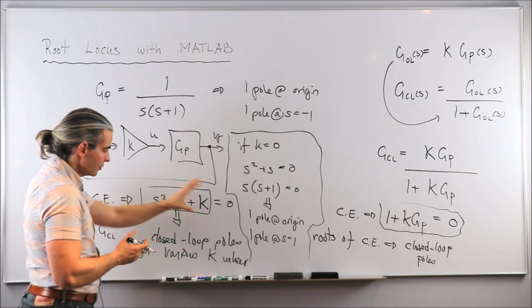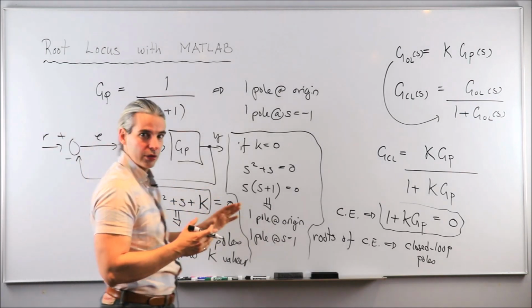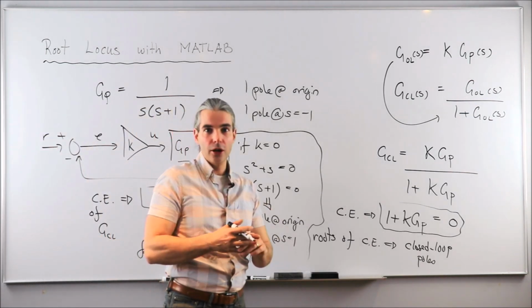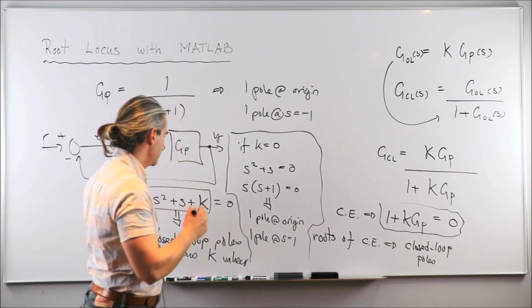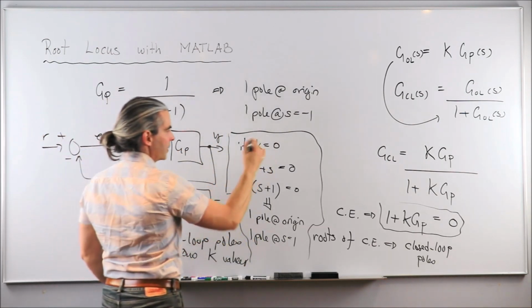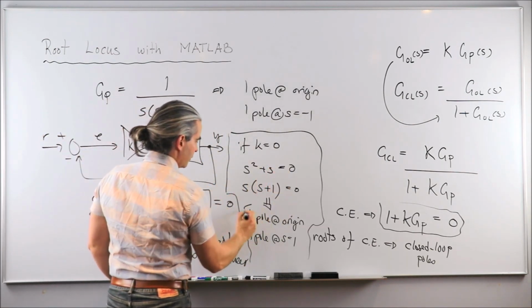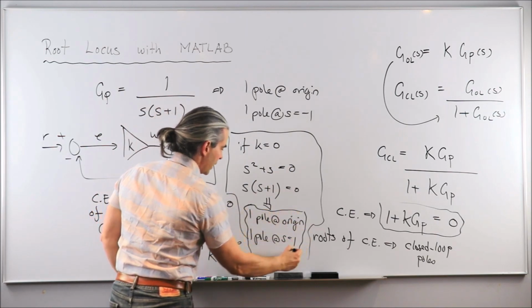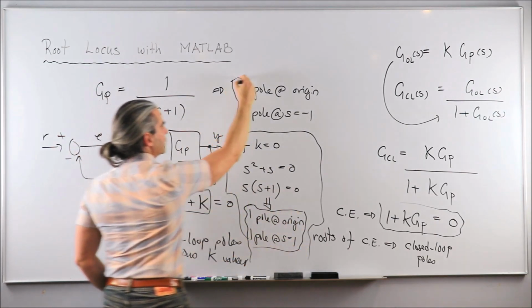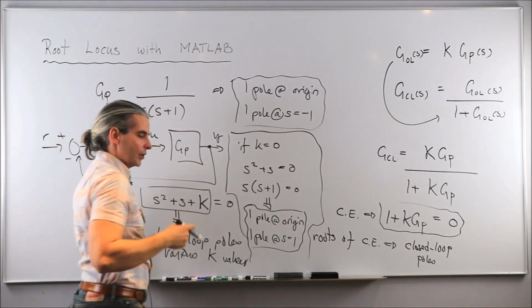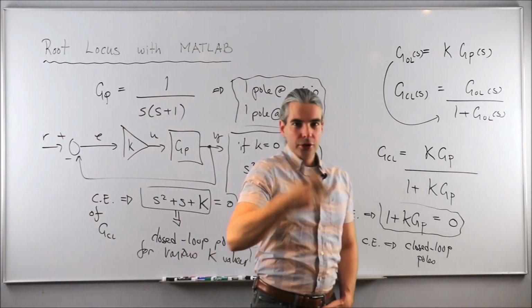And those roots will correspond to the closed loop poles whenever K is set to be larger than 0. At K equal to 0, you get the starting point of the root locus, which is what you had originally with just the plant. Same thing. Okay? So let's go to the computer.